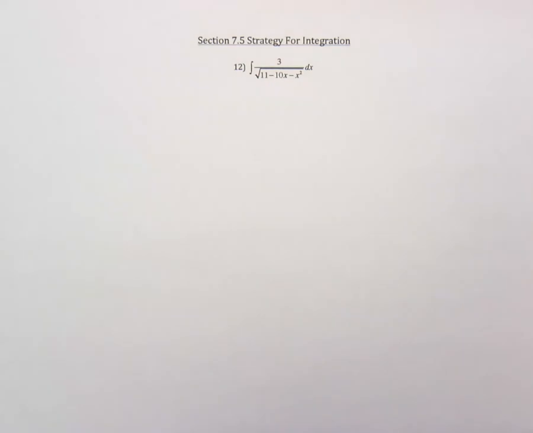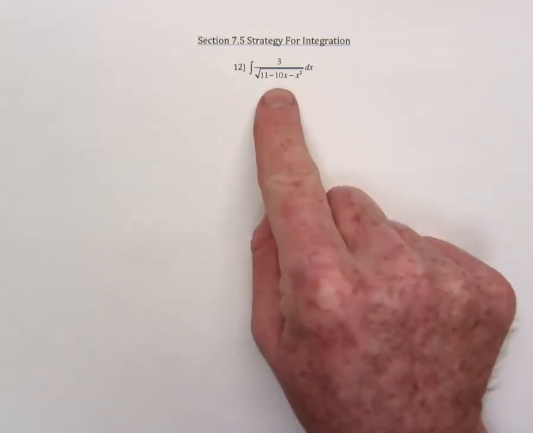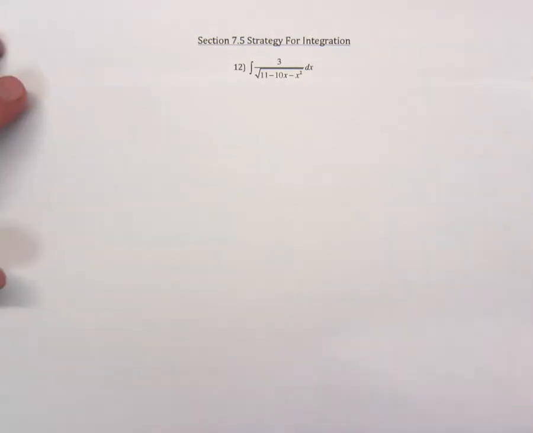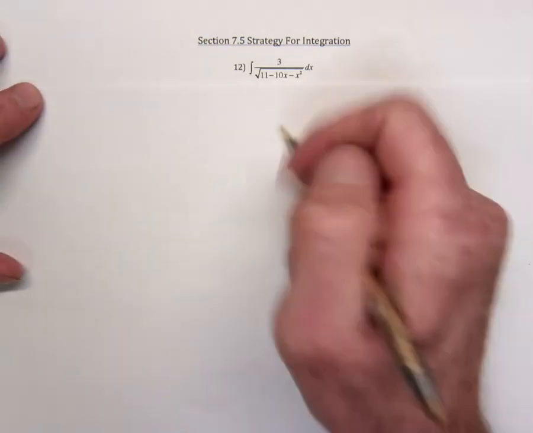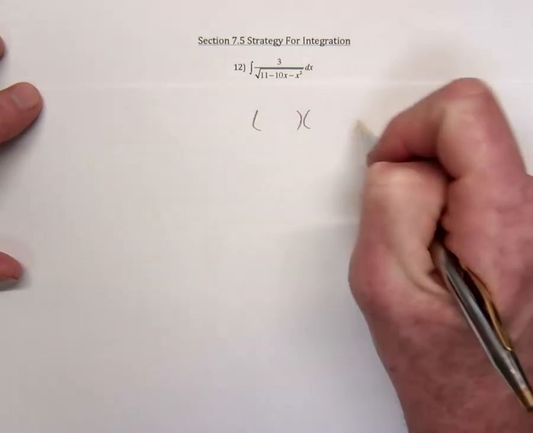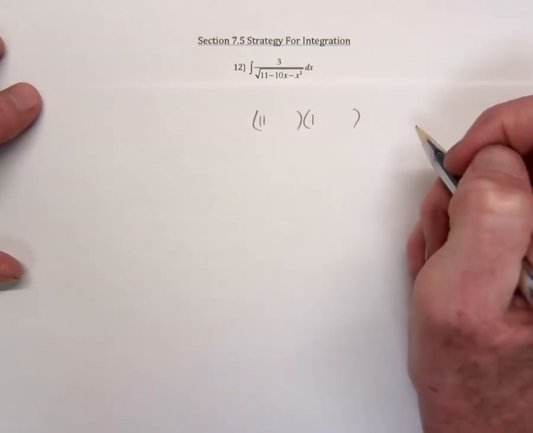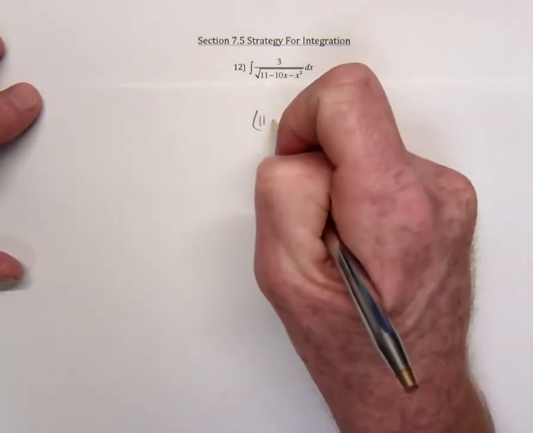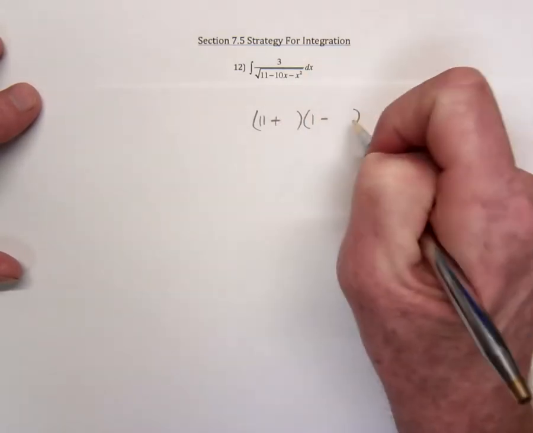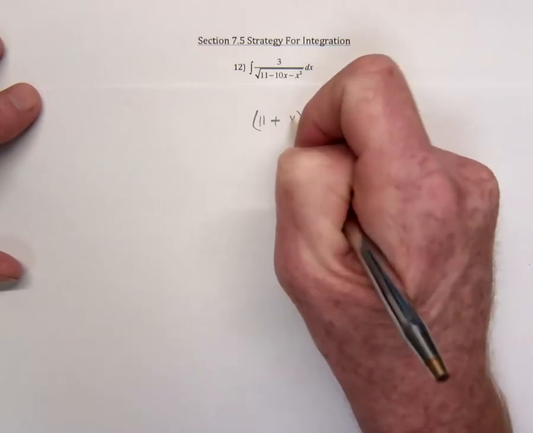Well, this is an interesting integral. If you take a look at the denominator, you could actually factor. So we'd have 11 times 1. We would need 1 positive and 1 negative. x times x.